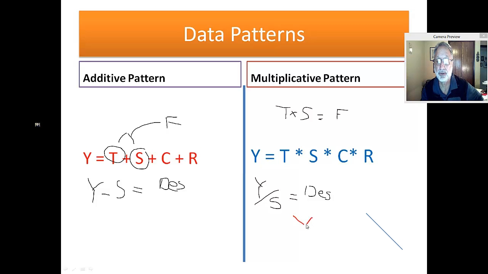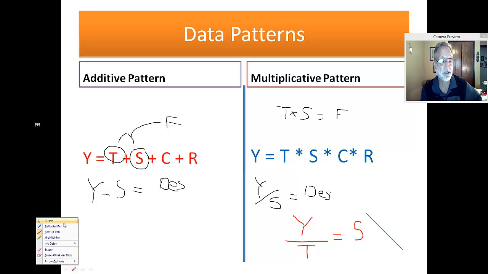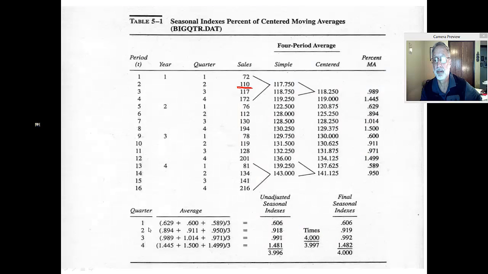Now I'm going to divide my data through by the trend represented by the moving average, and that's going to leave me the seasonal parts, okay?